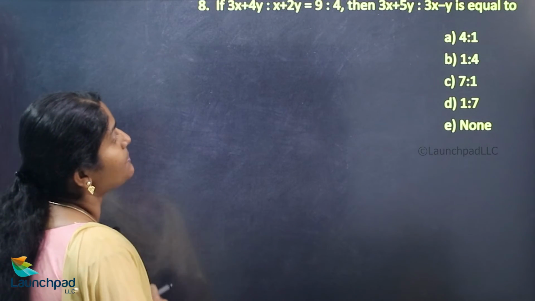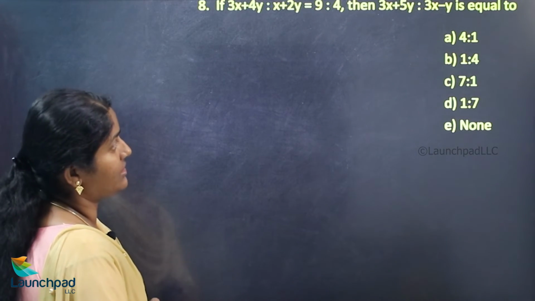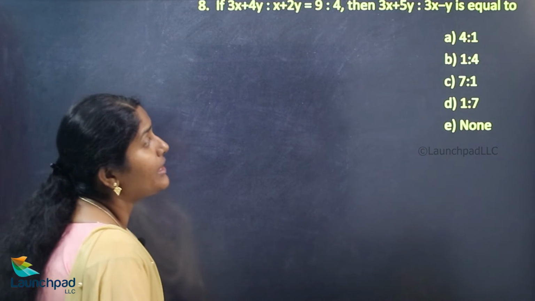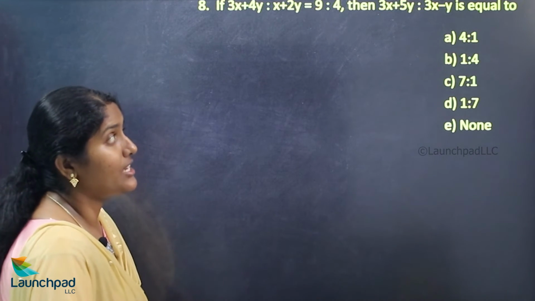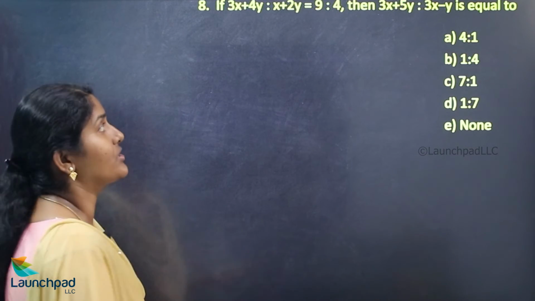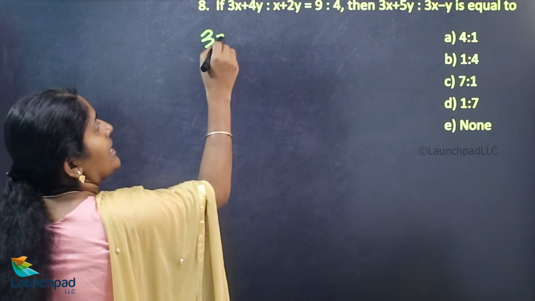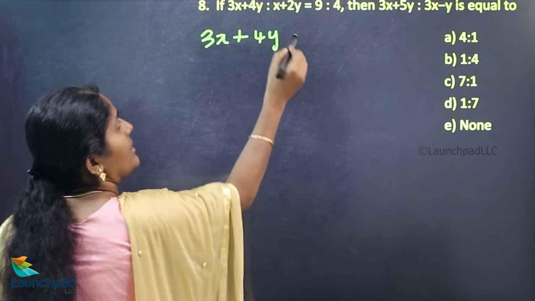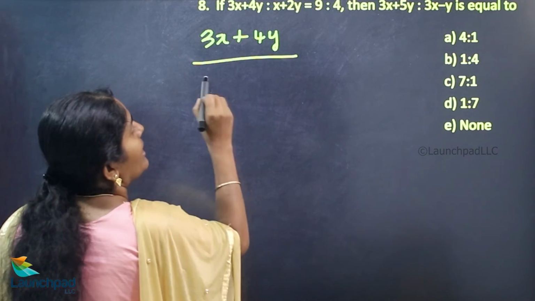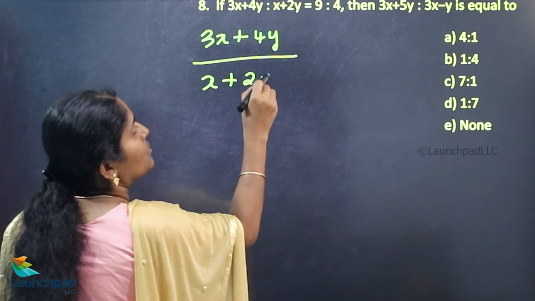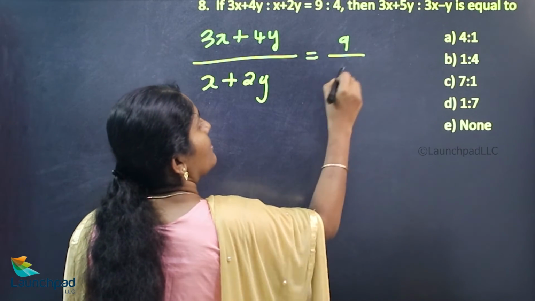Here 3x plus 4y is to x plus 2y, which is equal to 9 is to 4. Then 3x plus 5y is to 3x minus y is equal to what? So 3x plus 4y divided by x plus 2y is equal to 9 by 4.